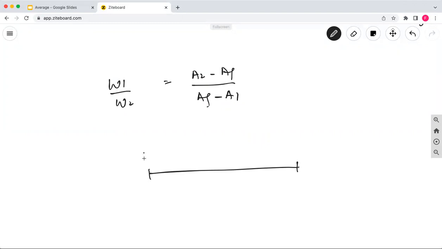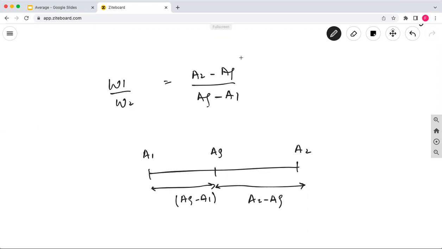This is A1, the smaller average, and this is A2, the bigger average, and the overall average must be lying somewhere between. For example, this is right. And what is this whole thing? That is A2 minus AG. And what is this thing? This is AG minus A1. Everything is understood till now?